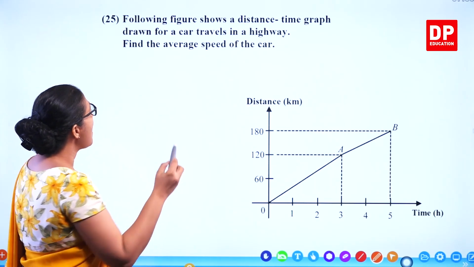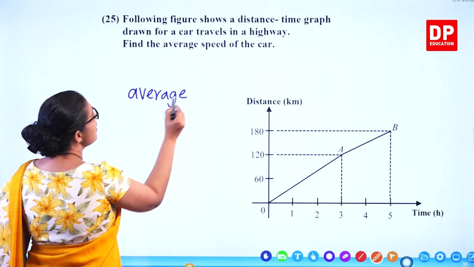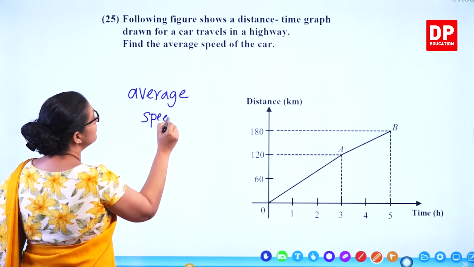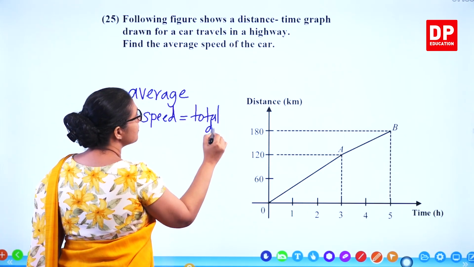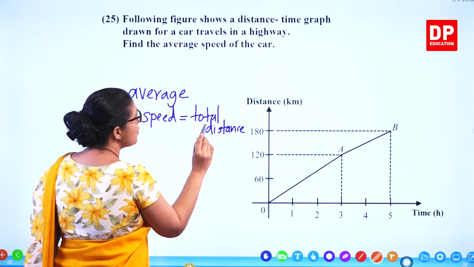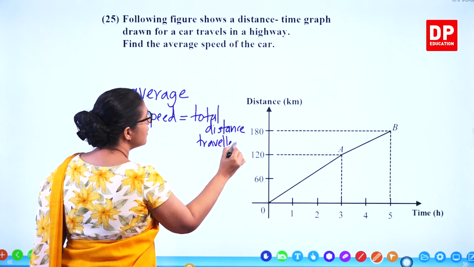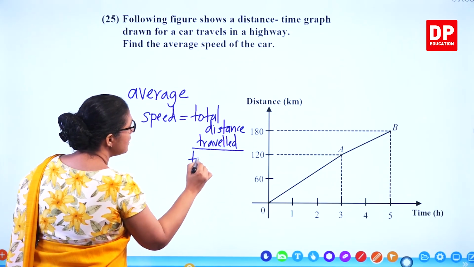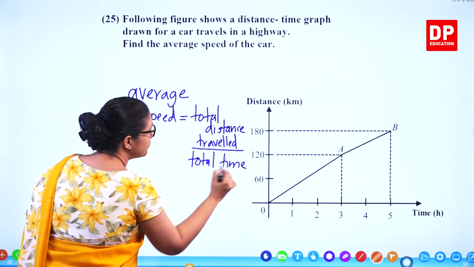So how do you find the average speed? Average speed is equal to total distance traveled over total time of traveling.